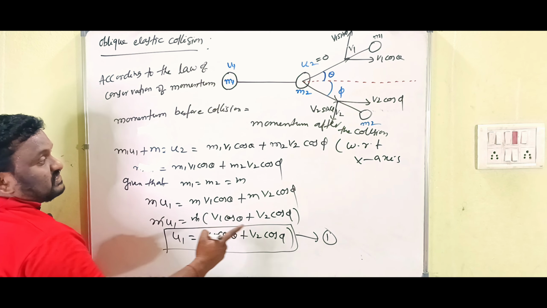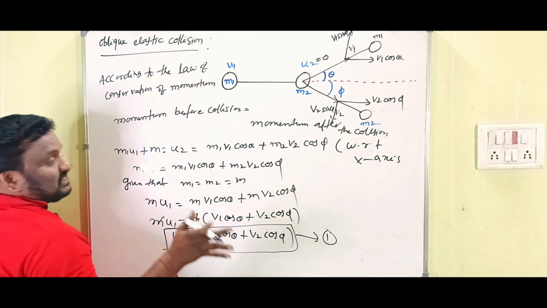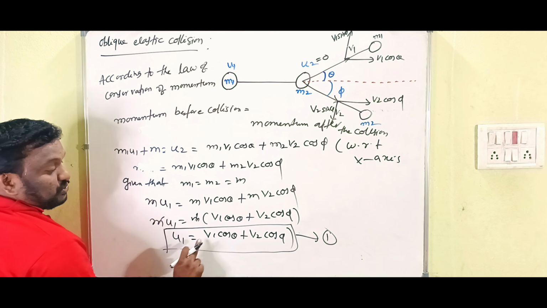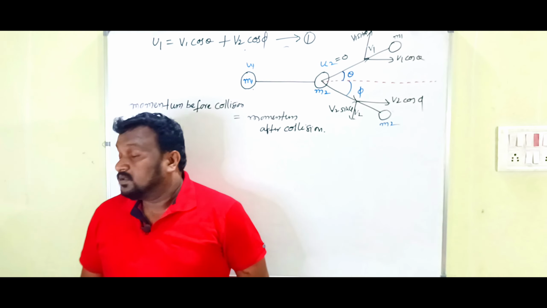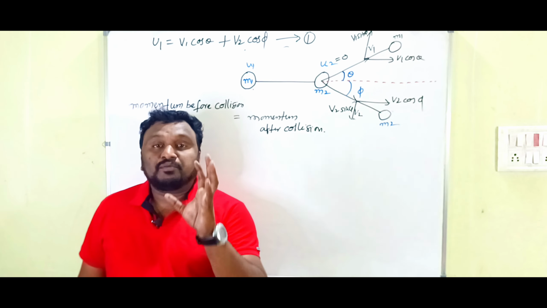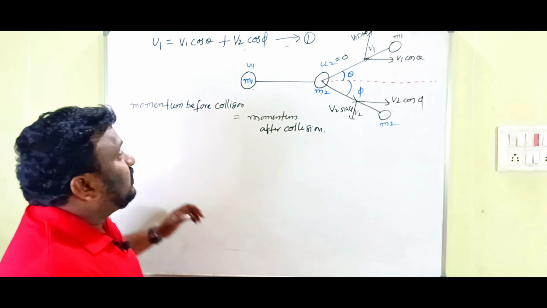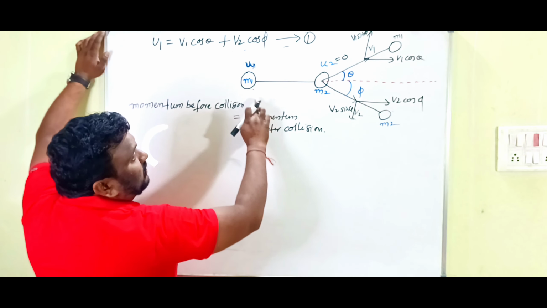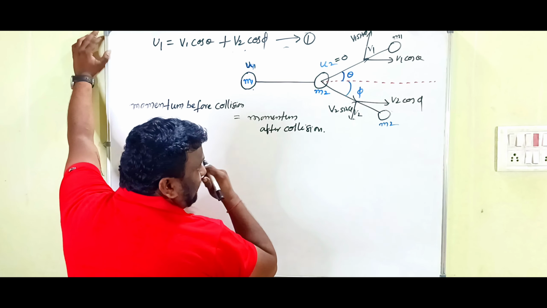Similarly, we have to do the same thing with respect to the y-axis. Children, I need some space, that's why I am erasing this. You have to remember this equation: u1 is equal to v1 cos theta plus v2 cos pi is equation number 1. In the same way, we have to find the law of conservation of momentum with respect to the y-axis. Initially there is a velocity u1 with mass m1, and mass m2 is at rest.